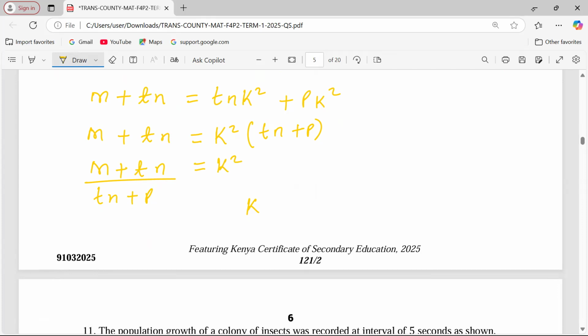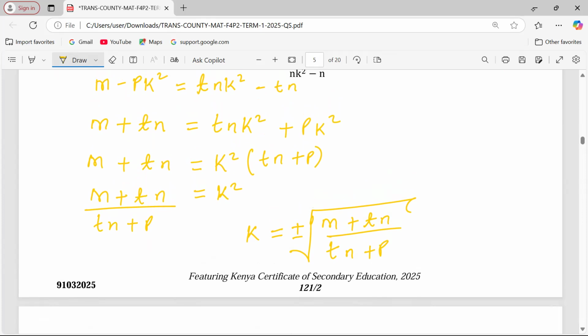Now we can remain with exactly K by saying K is going to be plus or minus the square root of M plus TN out of TN plus P, that way. So this is the final answer and the final expression of K.